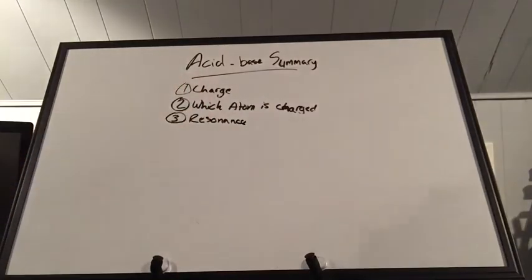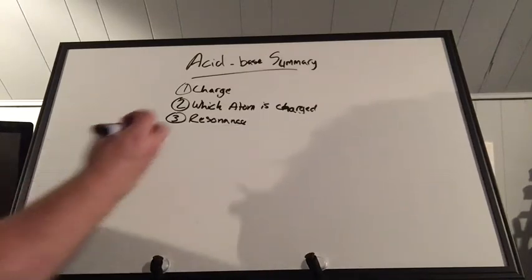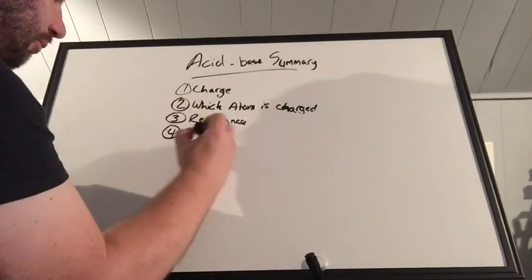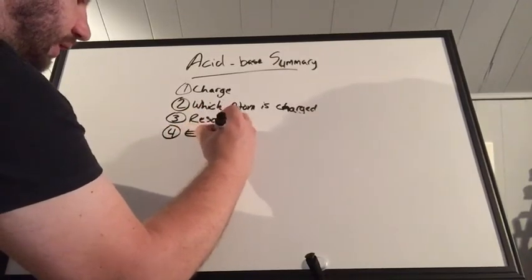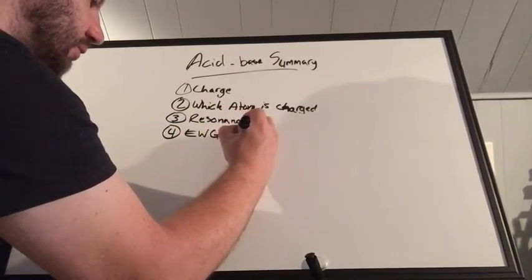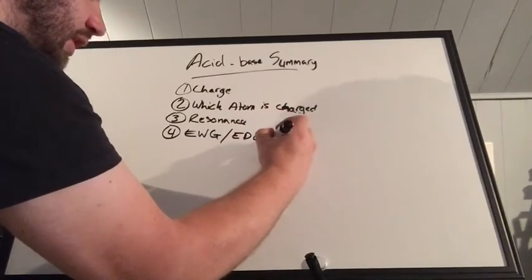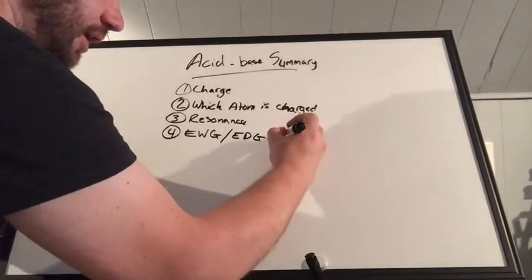Okay, so resonance is going to be about an sp2 construct. Okay, so the more resonance forms you can have, of course, the more stable that particular anion, cation, whatever is going to be. Okay, and then the last is going to be the inductive effects. So in other words, electron withdrawing groups or electron donating groups, and whatever charge they're stabilizing.